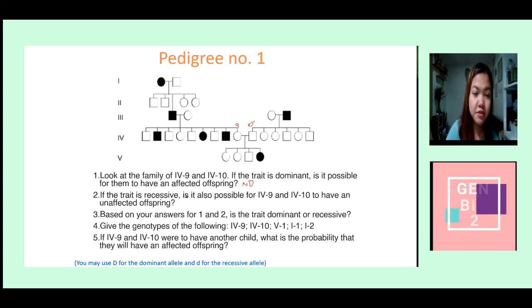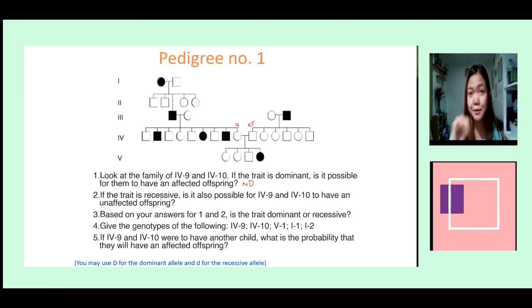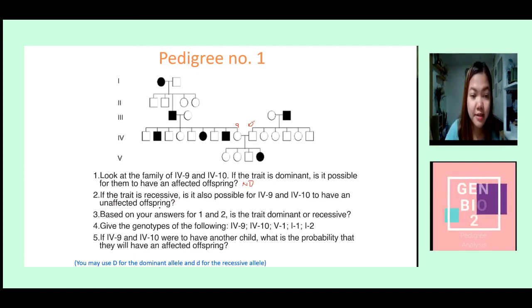Second, if the trait is recessive, is it possible for 4, 9, and 4, 10 to have an unaffected offspring? So, the answer is yes. Even though they are unaffected, they could really have unaffected offspring.